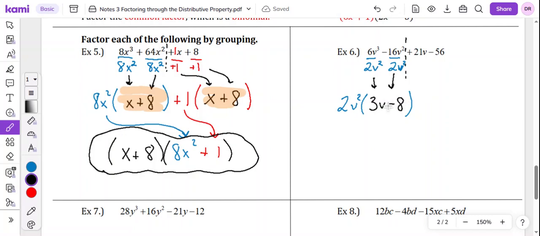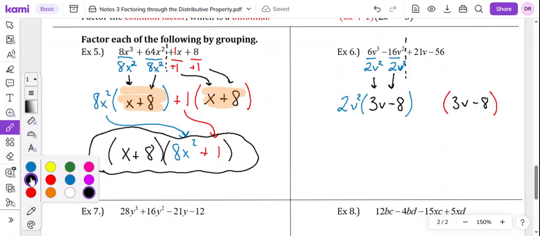Now, what I'm thinking is we brought out a common factor here. We were left with 3v minus 8 in parentheses. We want to get that 3v minus 8 again when we repeat this process. So over on this half, we want 3v minus 8 to appear. And I mention that because sometimes it is not obvious to us what we can divide by.